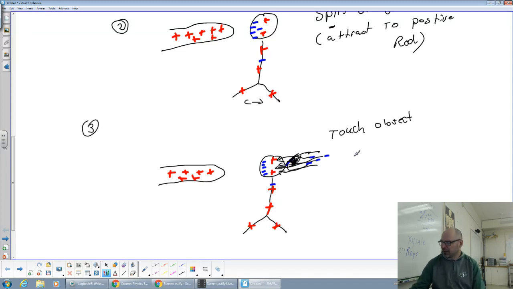So as we touch it, the charges are attracted onto the neutral object.